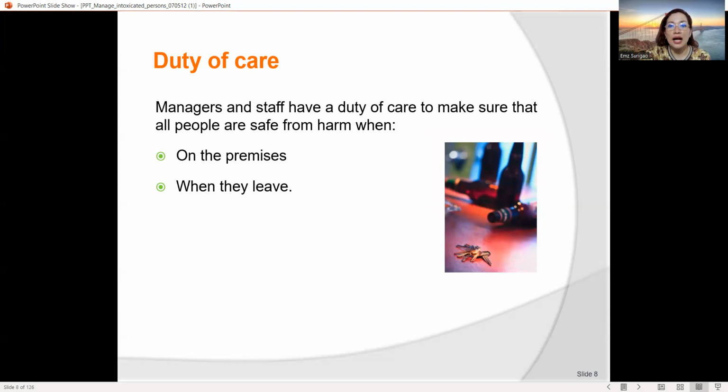Managers and staff have a duty of care to make sure that all people are safe from harm when on the premises and when they leave. So it is very important for them.